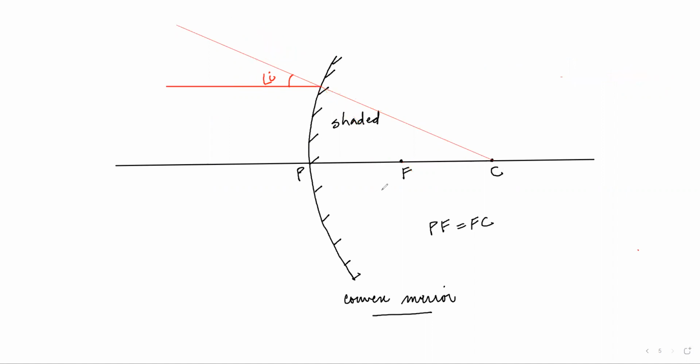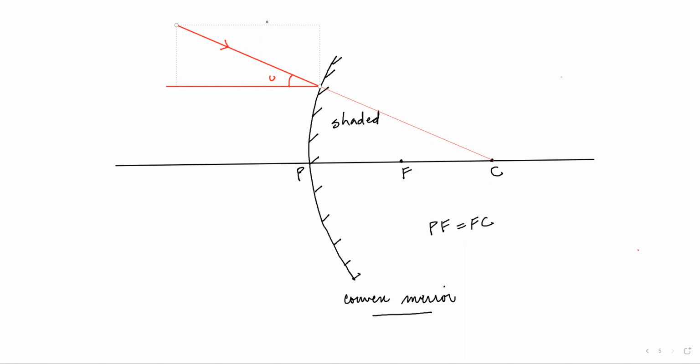Now comes second thing, students. If the ray is coming in this direction, then what will be the direction of reflected ray? Can anyone tell? See, now in this direction, this is also normal. It's making 0 degree with the normal.